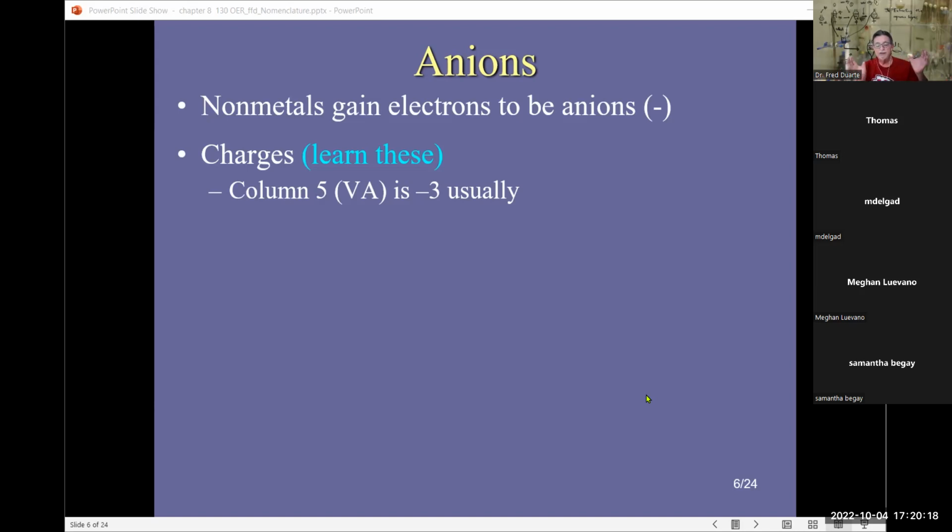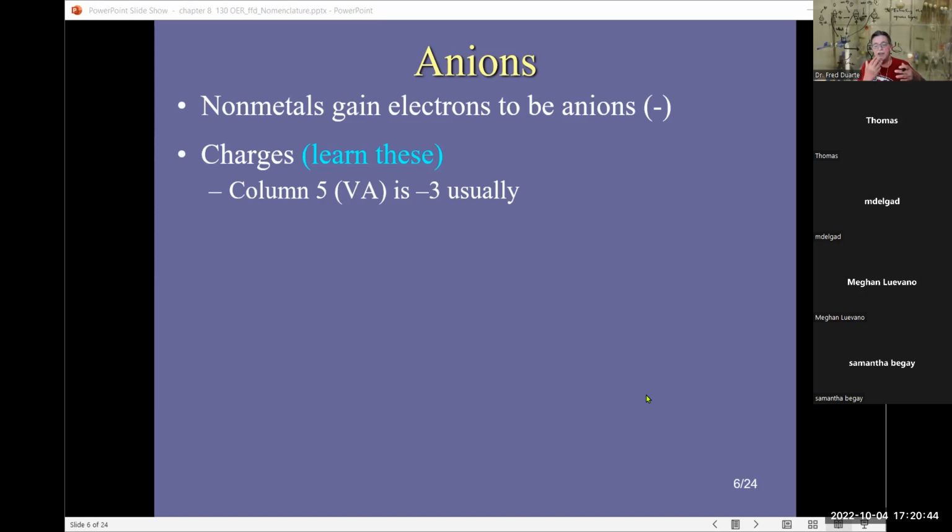The number that you gain or lose depends on what group they're in. Group 5 are nonmetals, and they want to gain electrons. They already have 5 valence electrons. They're only 3 away from having that magical 8 around them. That's the driving force to get to the 8.